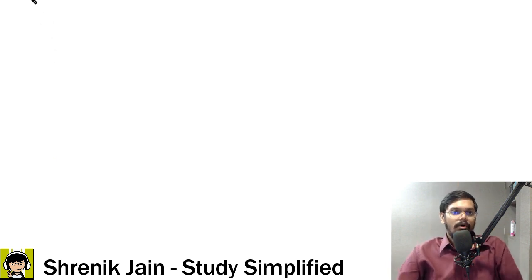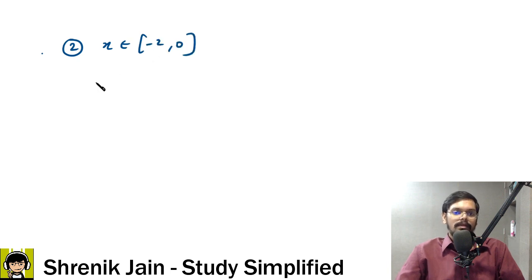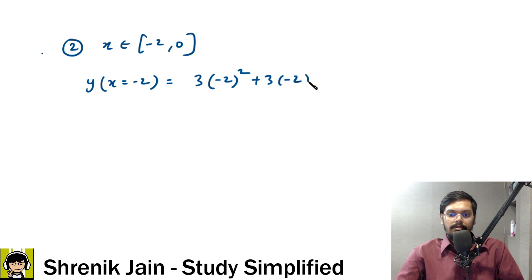In the interval, always take the corner points. Sir, if you take the corner points, then y at x equal to minus 2 will look like 3 times minus 2 the whole square, plus 3 times minus 2 plus 1.